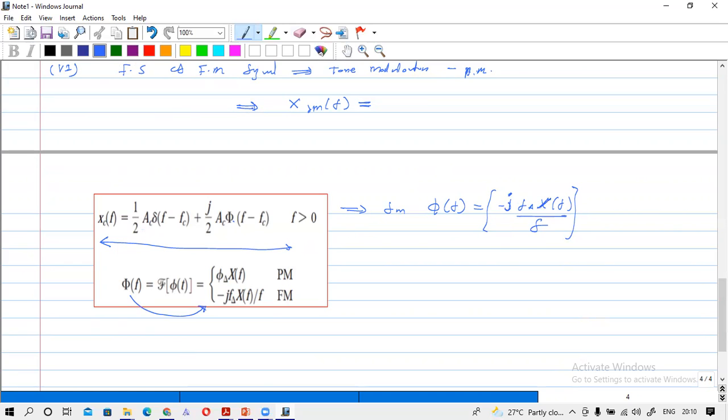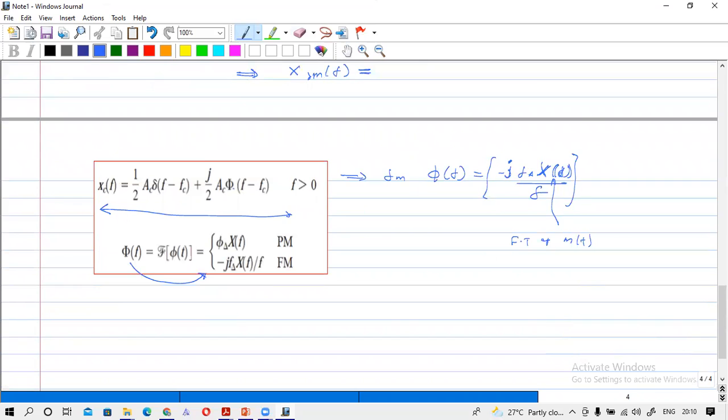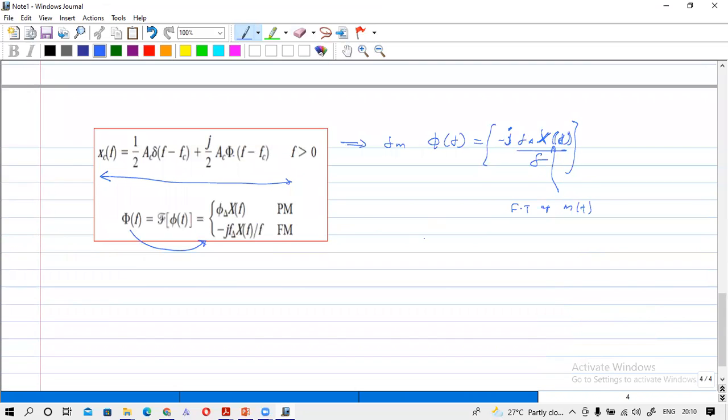For that we have to find X(f). What is this X(f)? It is the Fourier transform of the message signal m(t). It is a cosine signal, of the type cos 2πf0t.